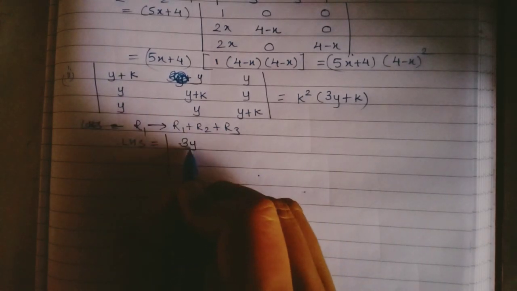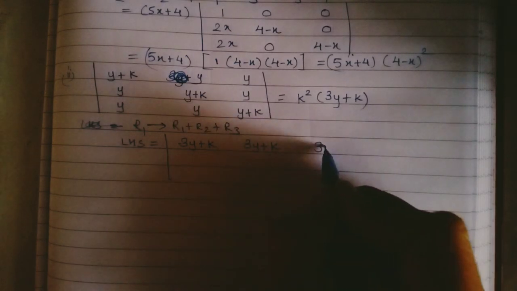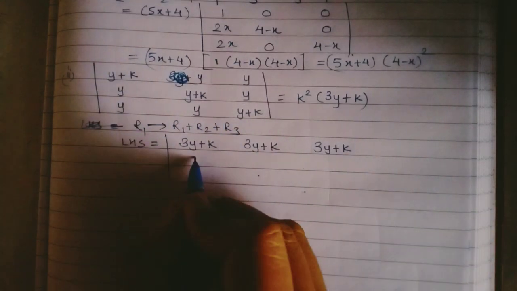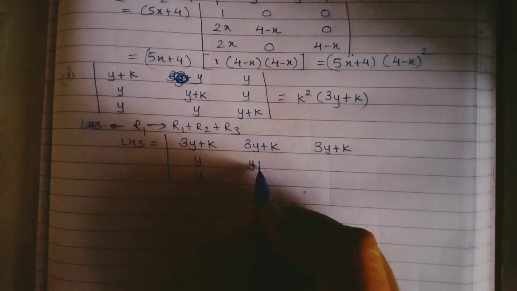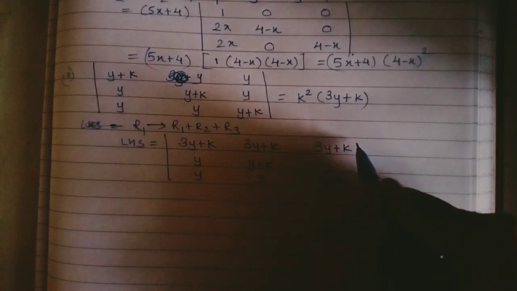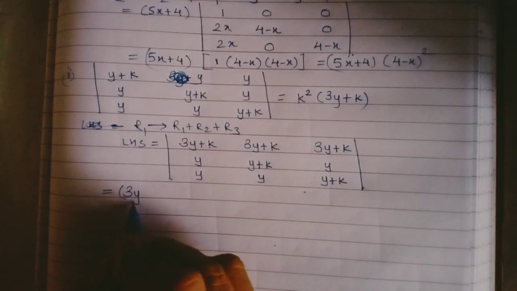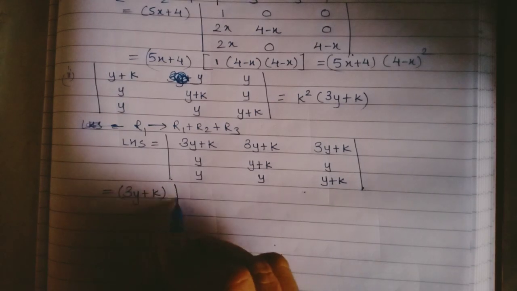So this will be 3y plus k. Again, this is also same and this is also same. Okay, now we are taking out common 3y plus k.